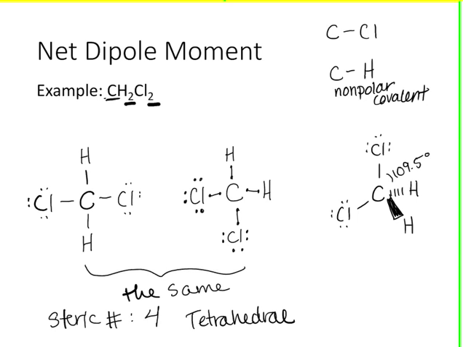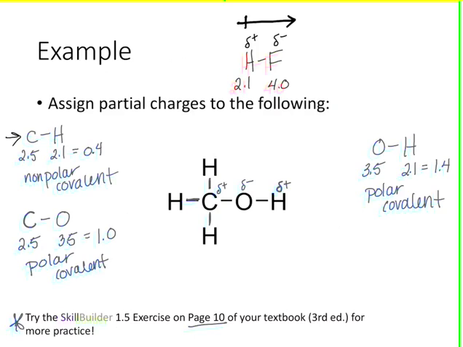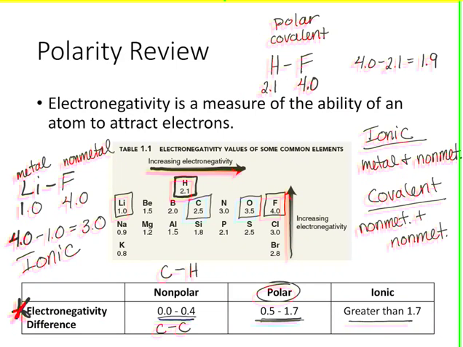So what about carbon and chlorine? Let's go to our electronegativity table. Again, carbon has a value of 2.5, chlorine has a value of 3. All right, so that difference would be 0.5, and that falls under the polar category.